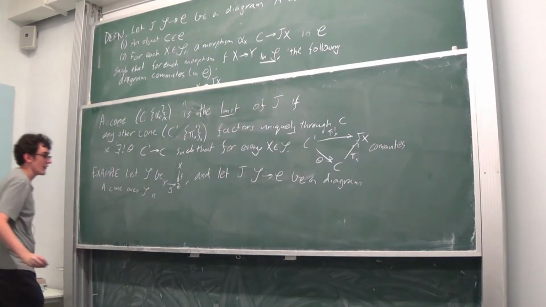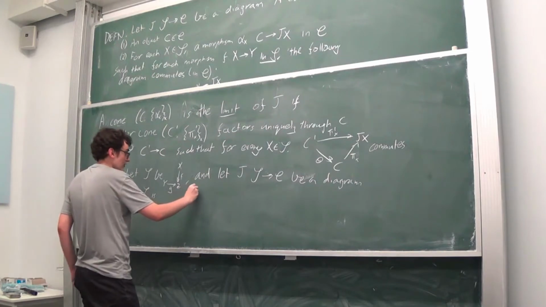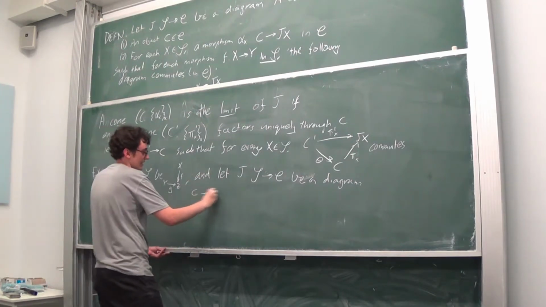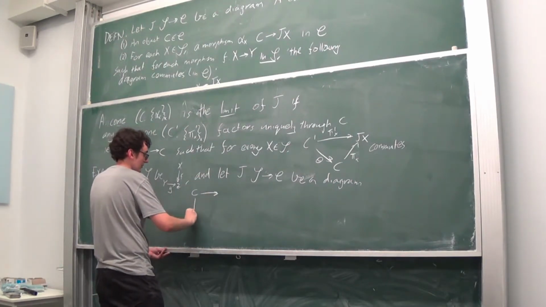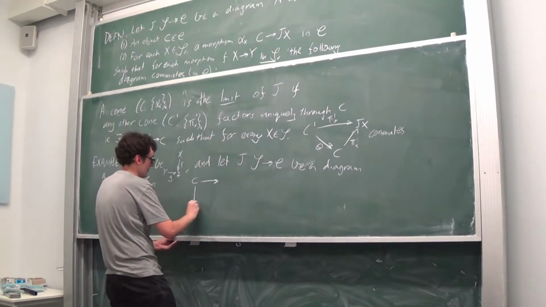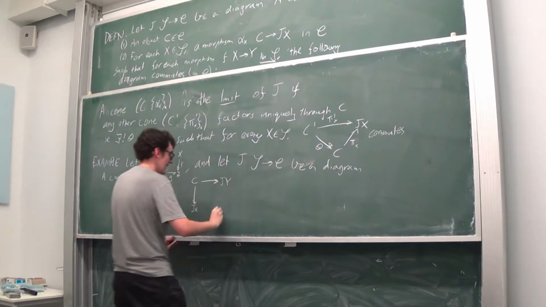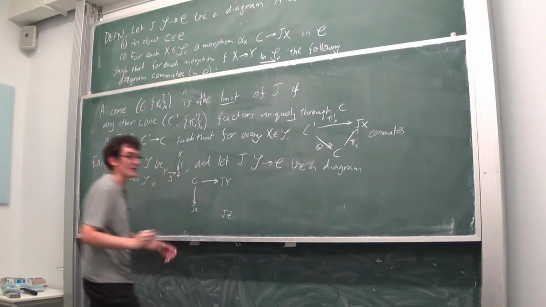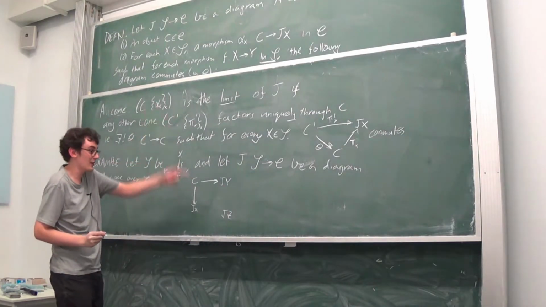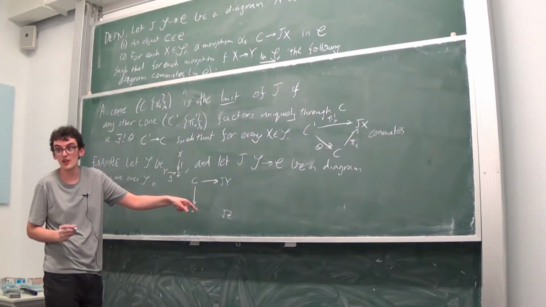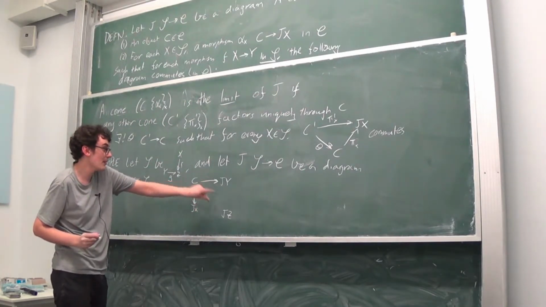So a cone over J is going to be the existence of an object, C, together with morphisms into Jx, Jy, and Jz. But again, similar to the comment I made before about the pullback, we don't need to actually bother specifying the morphism to Jz because it's going to be fixed by our choices of this map and this map.